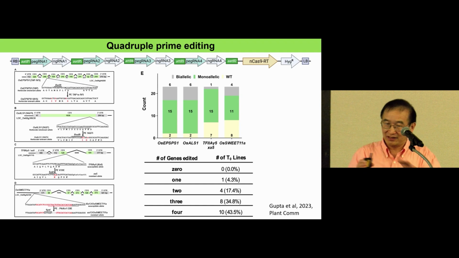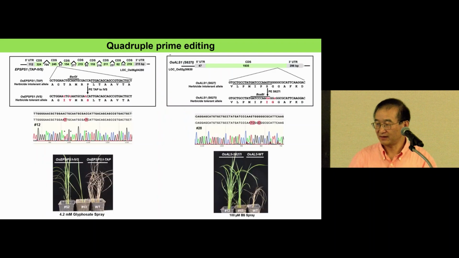So in that case, the editing efficiency is very high, with like 40% of the T0 plants getting all 4 edits in terms of mono or biallelic edits. And the plants are resistant to bacterial blight. At the same time, the plants are also resistant to herbicide.